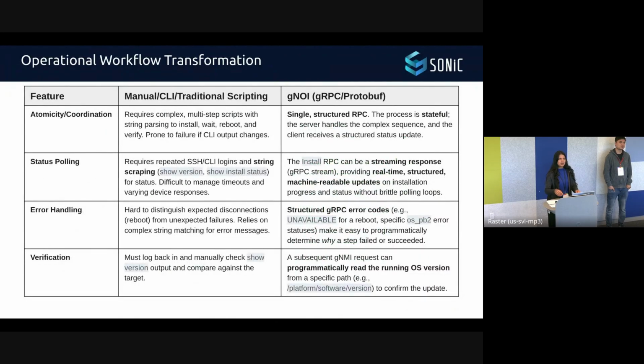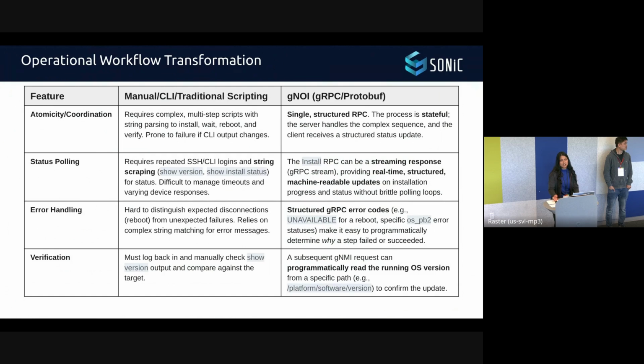And overall, summarizing the workflow transformation. Going by atomicity, traditional scripting requires multiple complex steps in the scripts, including string parsing, especially when you want to install, reboot, and wait for a particular process. That is prone to failure if, say, the CLI output changes.